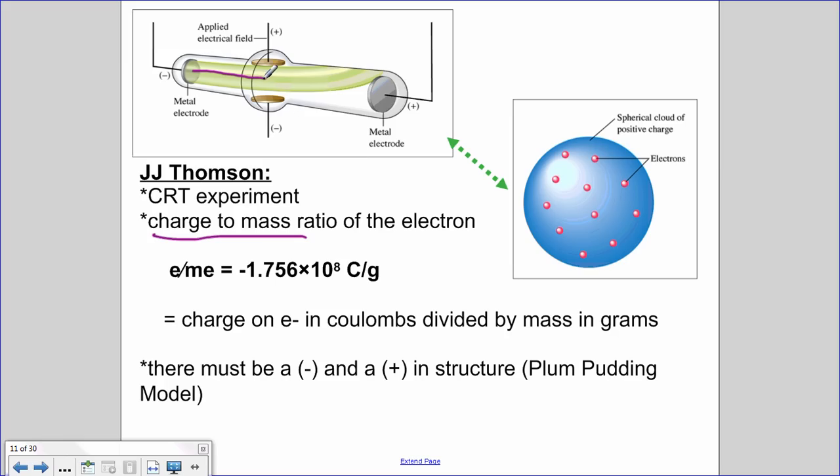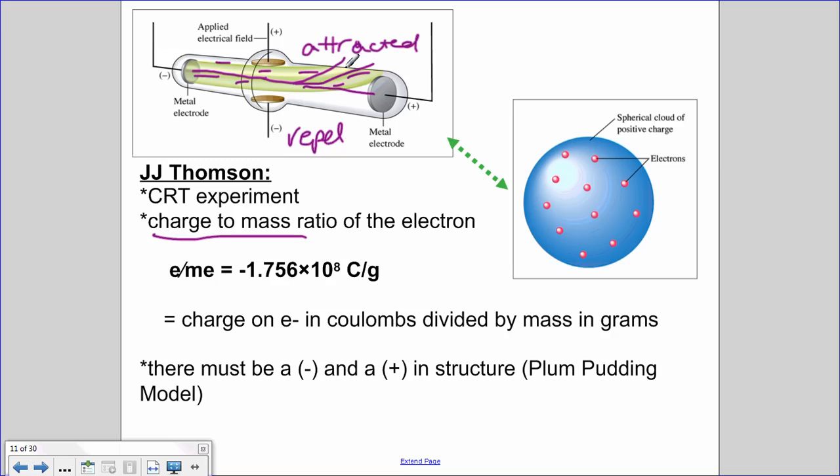The gas deflected upward, which meant that it was being attracted to the positive probe. And we all know that opposites attract, so these had to be negative, meaning there's some negative body within here. Since it was being repelled from the negative one, that also helped with that theory. With this, there were different gases attracted at different angles, so maybe you had one that went really high up, and one that stayed really straight.